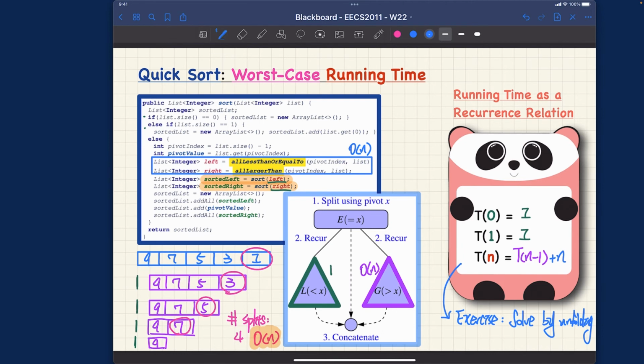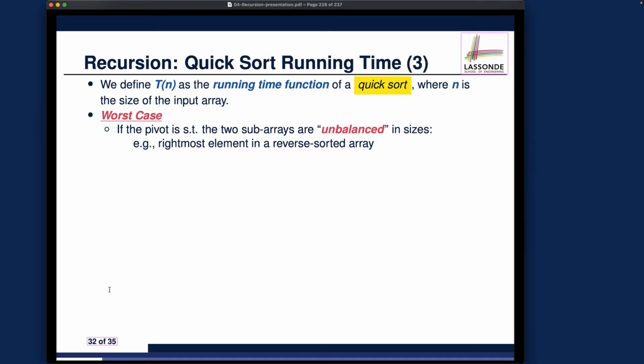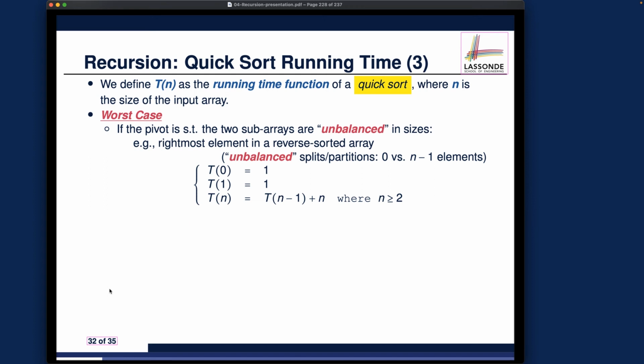Right? So that will be your exercise. Make sure you do it. And let's now go back to the slides. And that's the recurrence relation I just laid out. And you want to really solve it, and it's going to be shown to be equivalent to selection sort and insertion sort. Running time wise, you'll be quadratic. Okay, make sure you do the exercise.